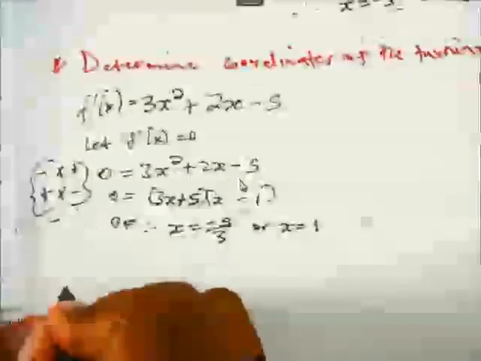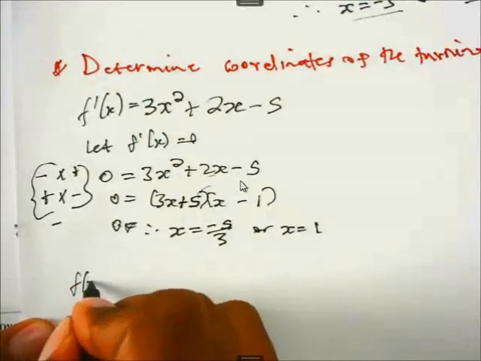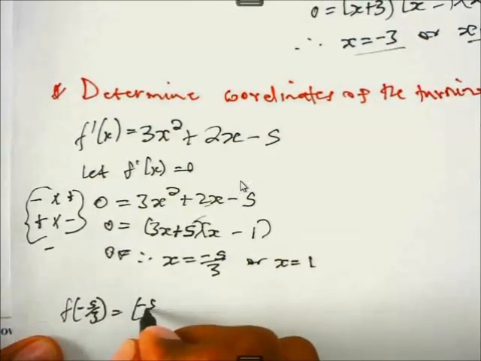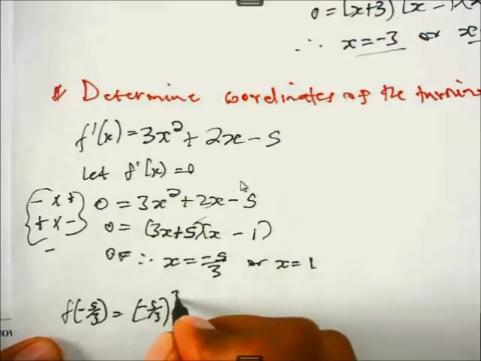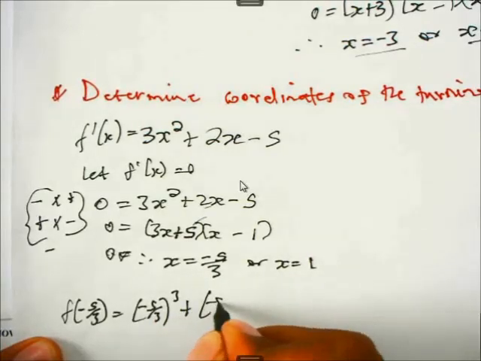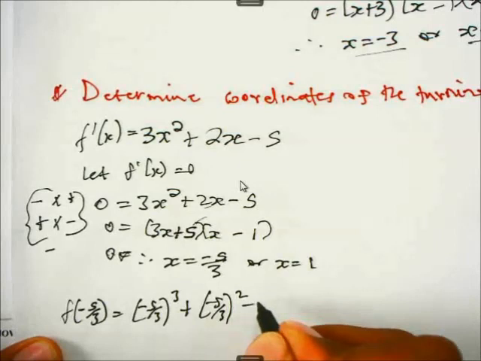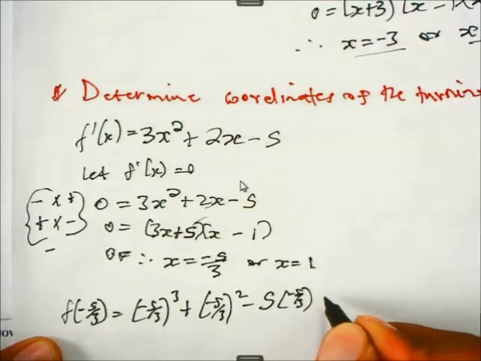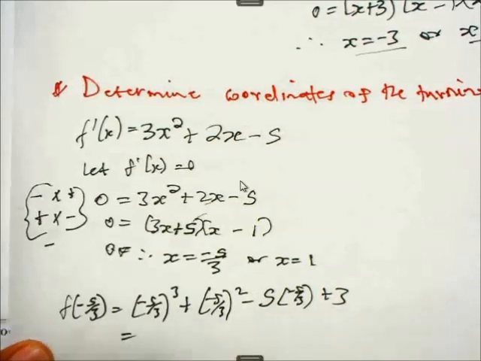Right. Now it means you are going to have what? F at minus 5 divided by 3 is equal to what? Minus 5 divided by 3 to the power of 3 plus minus 5 divided by 3 squared minus 5, and then we have minus 5 divided by 3, and then we have plus 3. Okay.